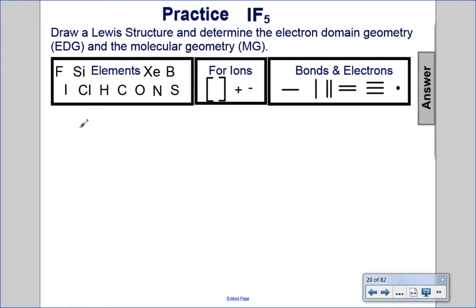Iodine has 7 valence electrons. Fluorine also has 7, and there are 5 fluorines. Therefore, the total number of electrons in this molecule should be 42. So, we'll draw it, F, and it doesn't matter at what angle you draw the F's attached to the I. You need 5 of them.